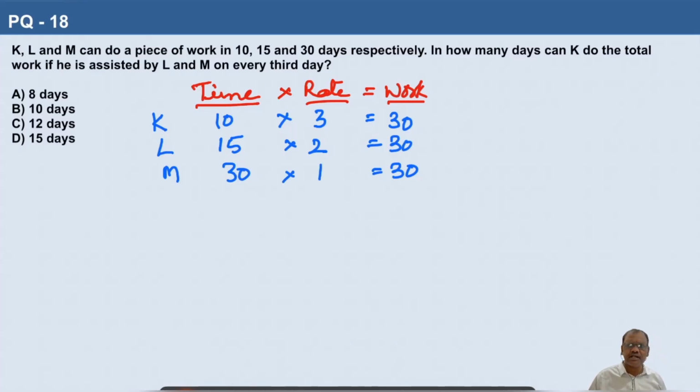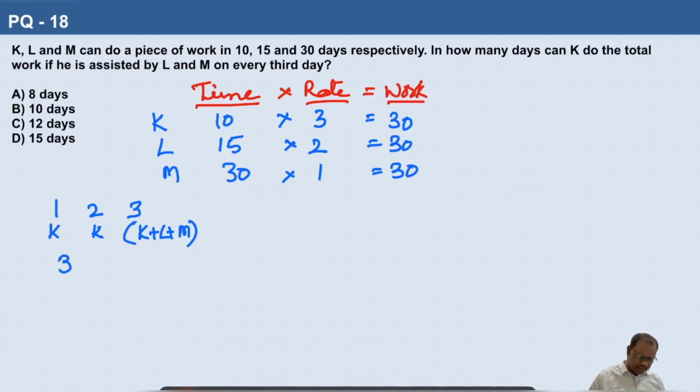It is given that K does the total work, assisted by L and M on every third day. So first day, second day and third day. On the first day only K is working, on the second day K is working, and on the third day K is assisted by L and M, K plus L plus M. So on the first day K will complete 3 units.